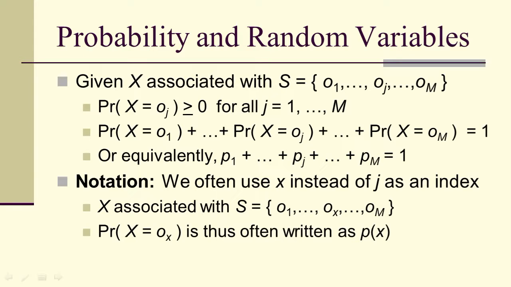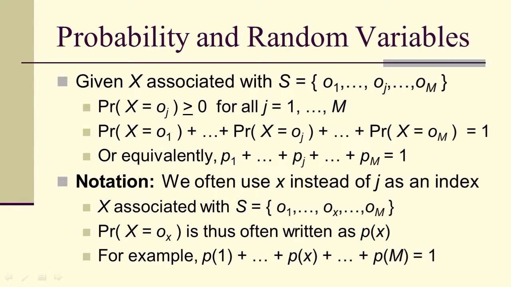The probability that X equals little o sub x could then just be written in function form as p of x. And so you notice the clever use of notation here. We're using the variable X and asking what the probability of it taking an index lowercase x outcome is. So p of 1 plus up to p of x plus up to p of m equals 1.